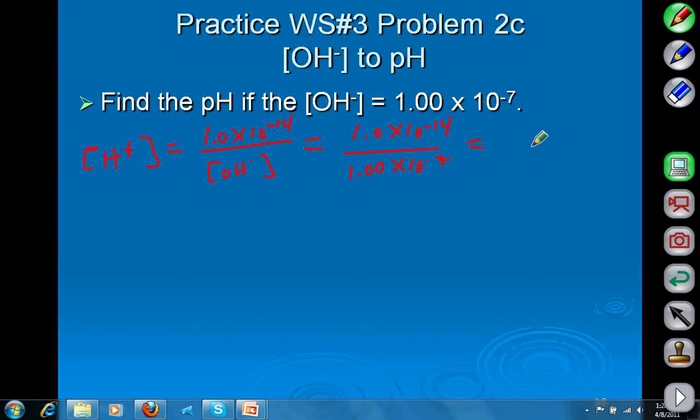That's going to give us 1 times 10 to the minus 7th, and that's the H+. So now that we have H+, we can plug it into our pH formula. pH equals negative log of that number, 1.0 times 10 to the minus 7th, and that equals 7. Technically we should add 3 sig figs. So that is a neutral pH.